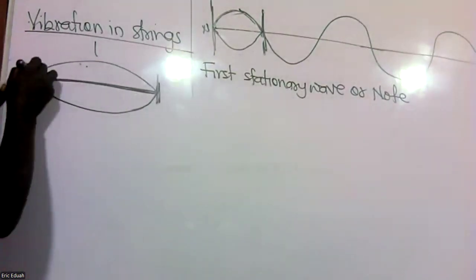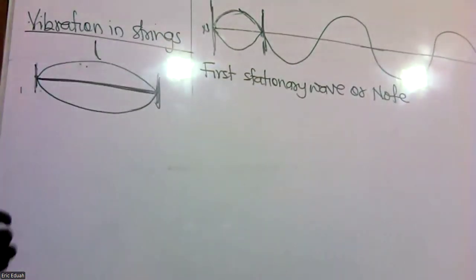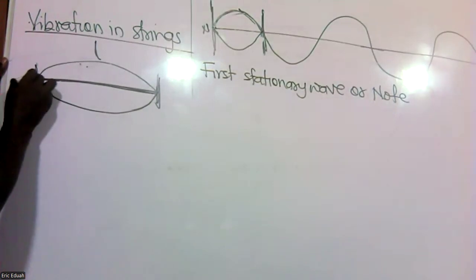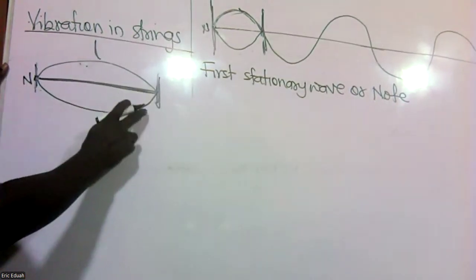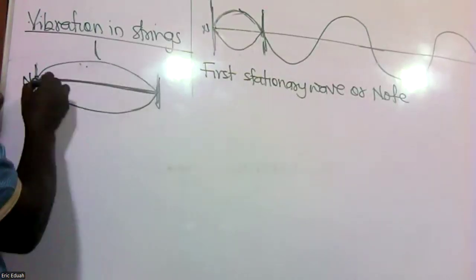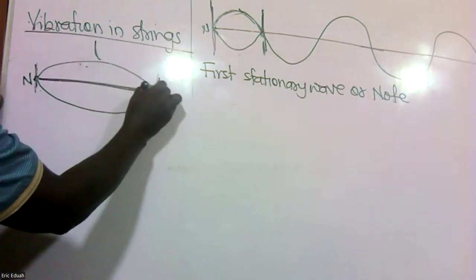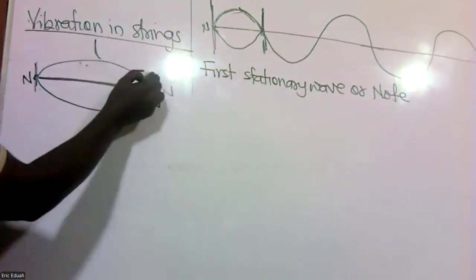So this string has a length L. This fundamental, or beginning, stationary wave is formed from node to node. We want the wavelength of this.